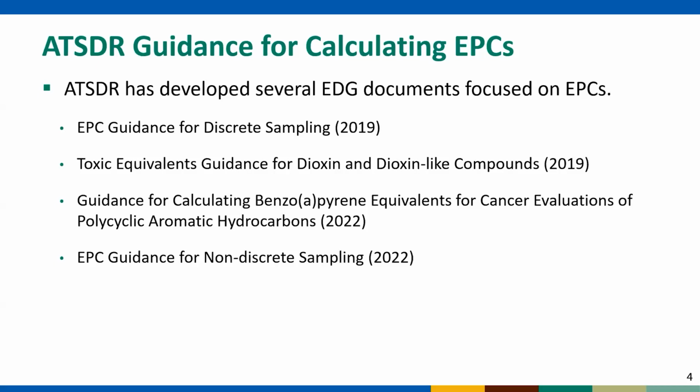In 2022, ATSDR released guidance for a different class of chemicals, polycyclic aromatic hydrocarbons, or PAHs, as well as the EPC guidance for non-discrete sampling, which is the focus of our webinar today. It's important to note that both of these documents can be found in the new resources page of the Web PHAGM, or the Web Public Health Assessment Guidance Manual.